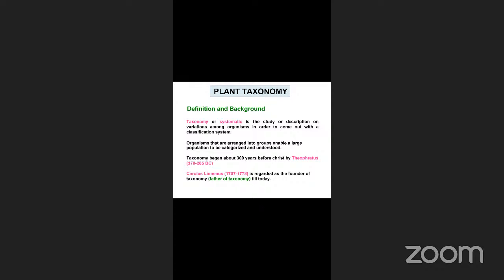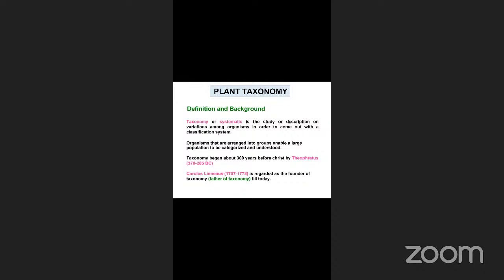We have studied hardwood and sapwood differences also, and tylosis is very important in wood quality. This is the information on wood yielding plants, the five important plants according to our syllabus.